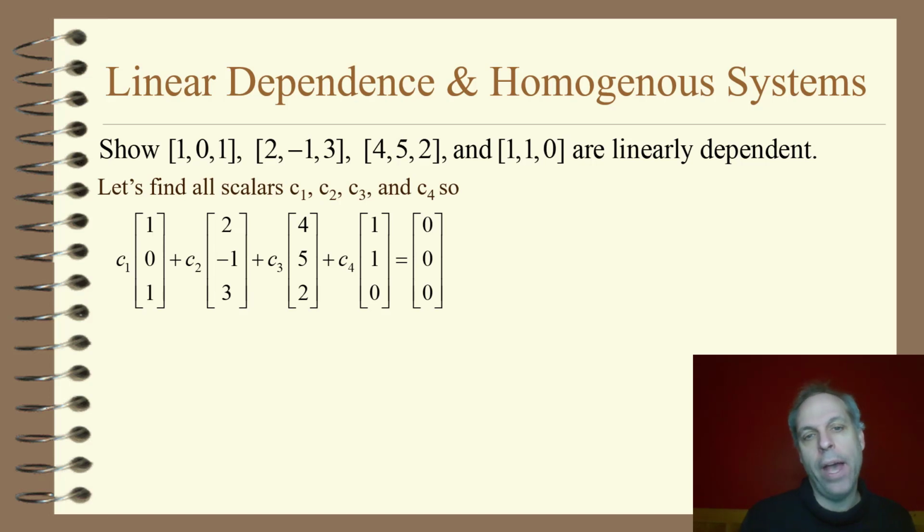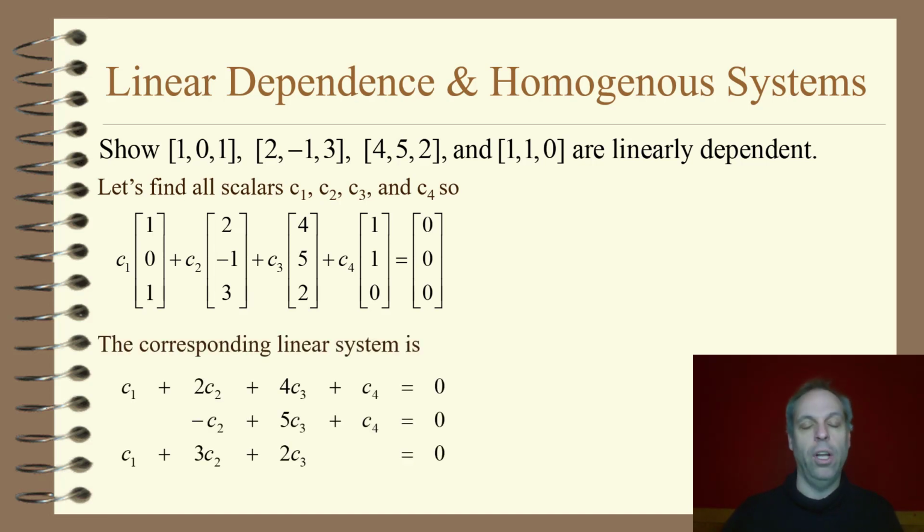A clever way to do that is to show that the corresponding system has at least one free variable. You could then declare that the free variable is not 0, and all the others will be determined, 0 or not, and that will form a non-trivial linear combination of these vectors that adds up to 0, because one of the scalars, the free variable, will be not 0.